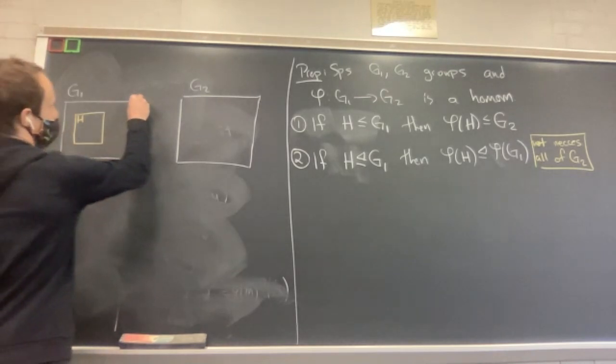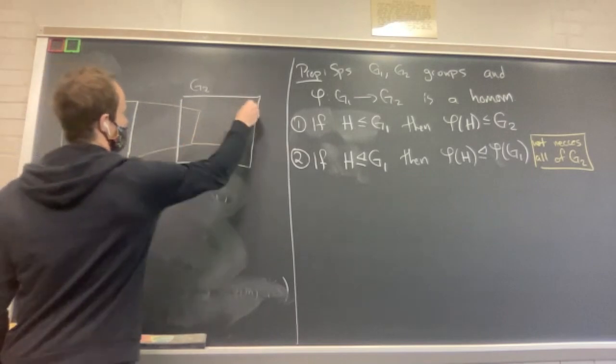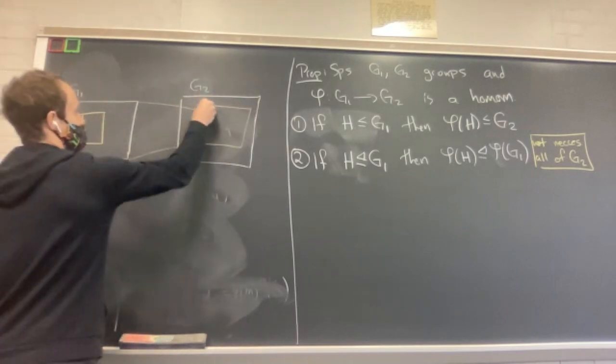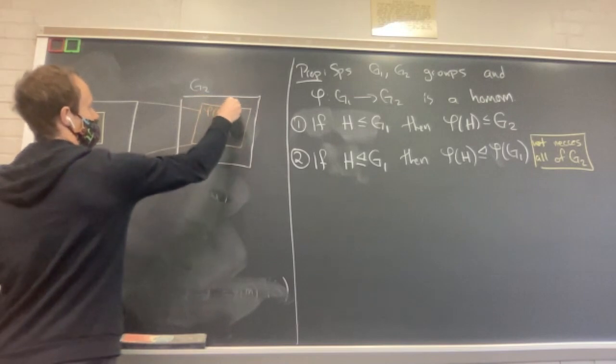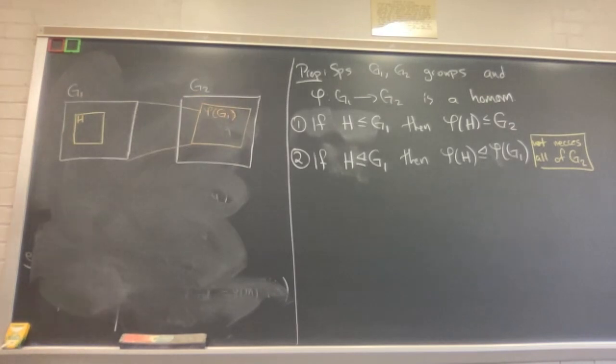This G1 might collapse to a little square in here, which is the image phi of G1. Everything outside of that square is missed. If we pick an element out here, there's no way to get to it from in here. And this guy in here is going to be phi of H.